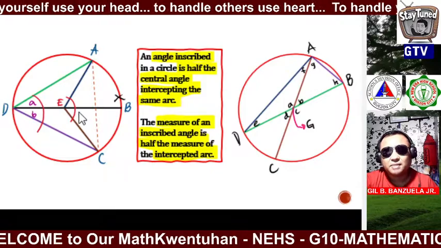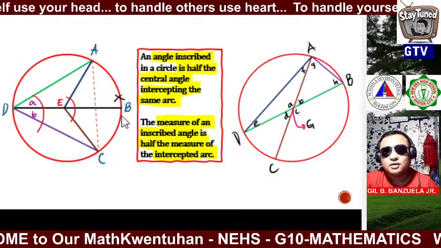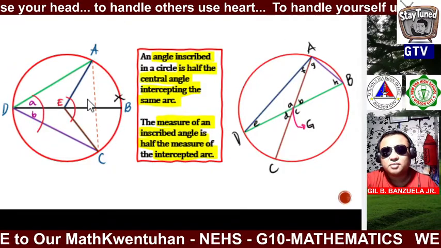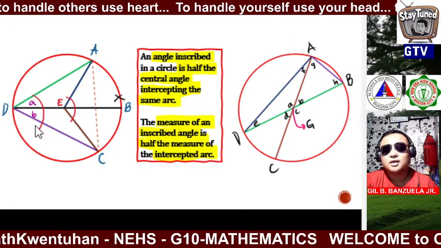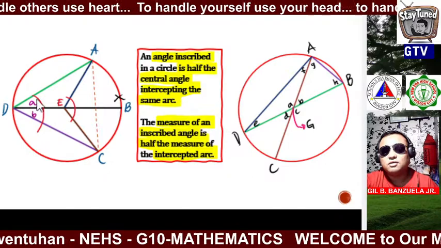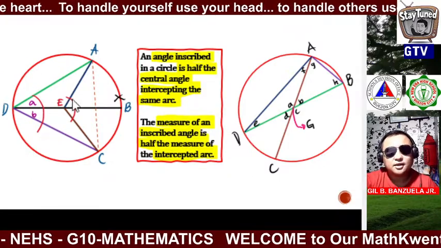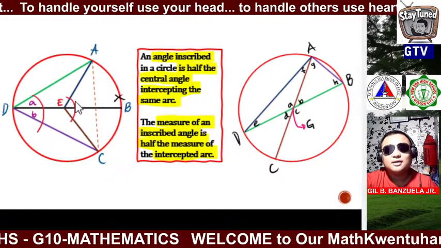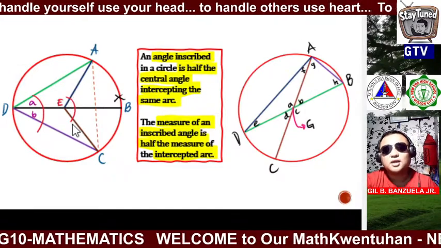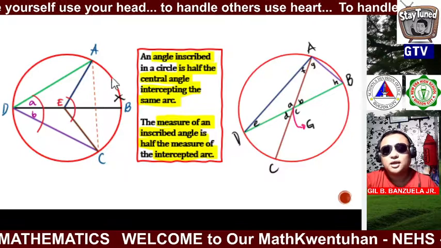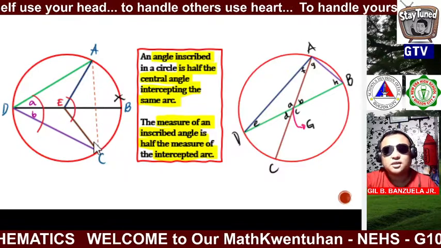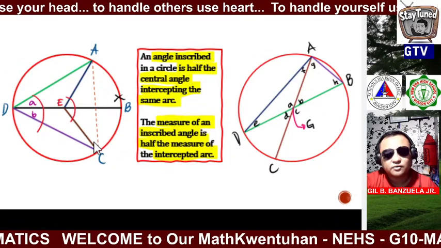Now, kung yung arc daw na na-intercept ng central angle ay na-intercept din ng inscribed angle, ang measure daw ng inscribed angle natin ay kalahati lang ng measure ng central angle or ng intercepted arc. Can you follow?